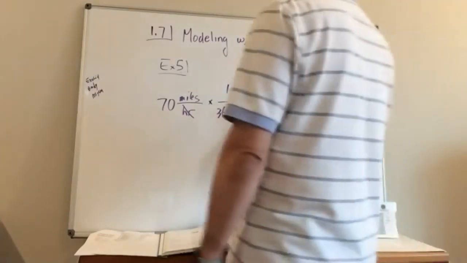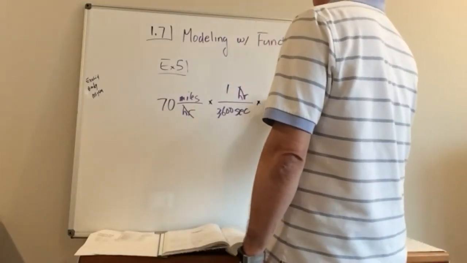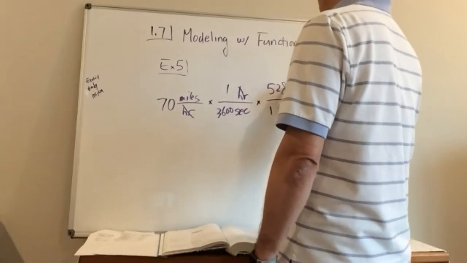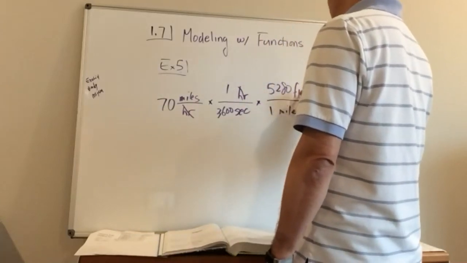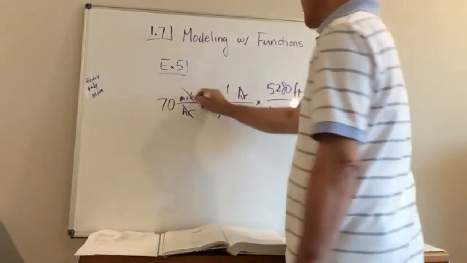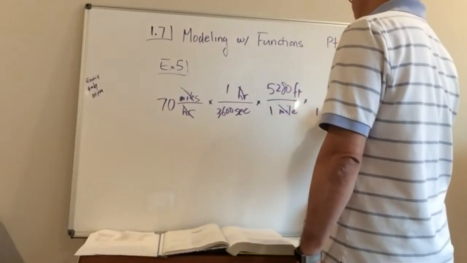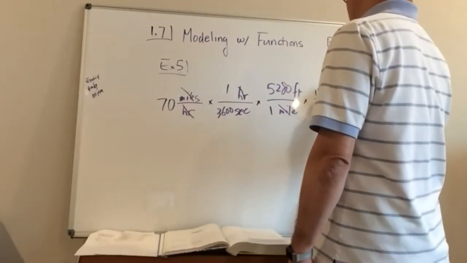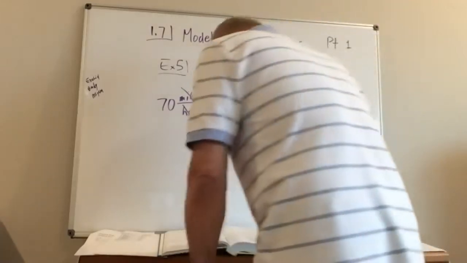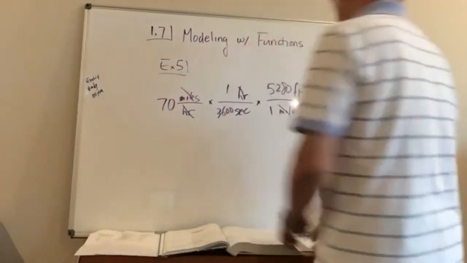So let's go ahead, 1 mile is 5280 feet, right? I know that. So this guy and this guy cancel out. Now let's go from 1 foot, 12 inches. What was the radius given as? 15 inches, okay.